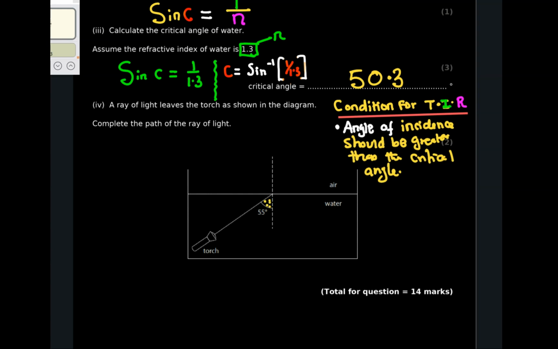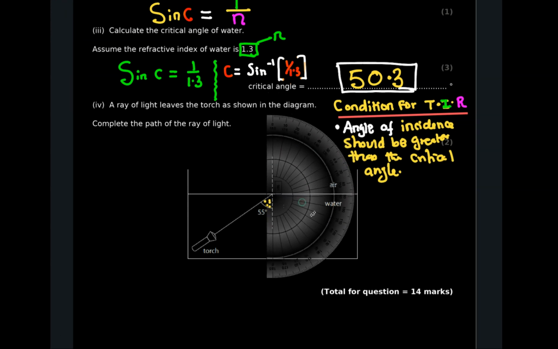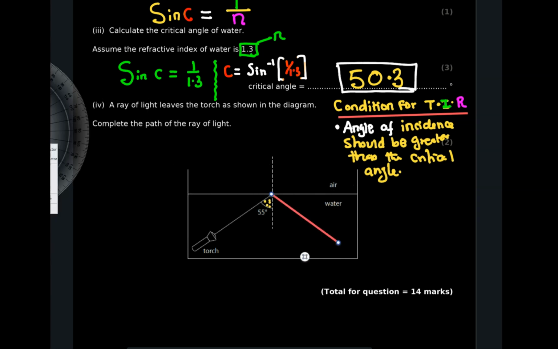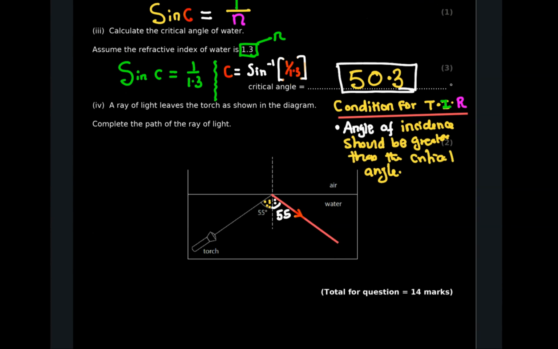And this angle is greater than this one, 55 is greater than 50.3. So in our case here, we're going to have total internal reflection, and the ray is going to move at an angle of 55 degrees like that. So this ray is going to be traveling at 55 degrees in that particular direction. So that is how the ray of light is going to behave.